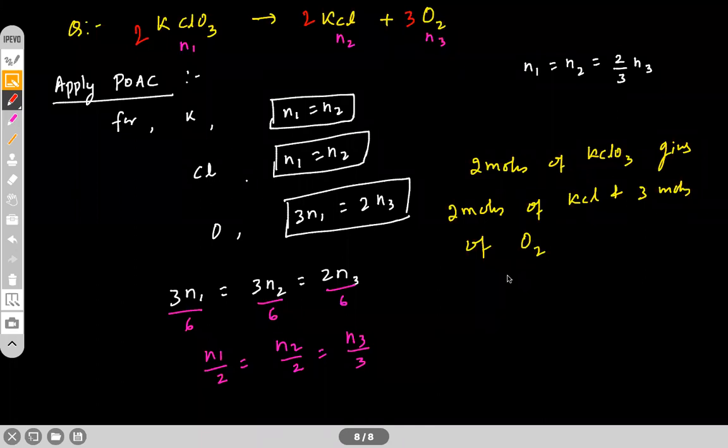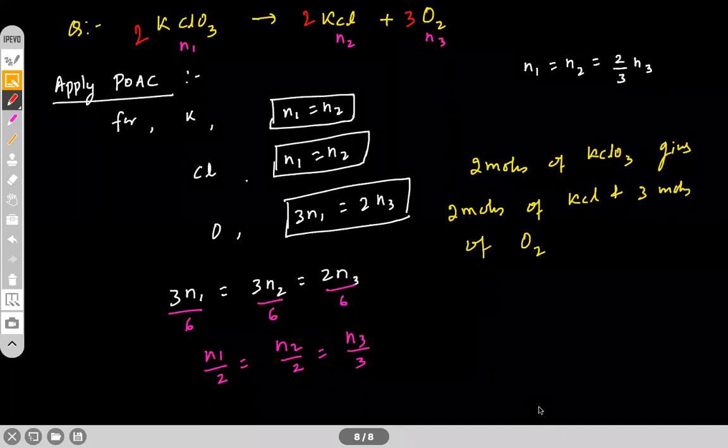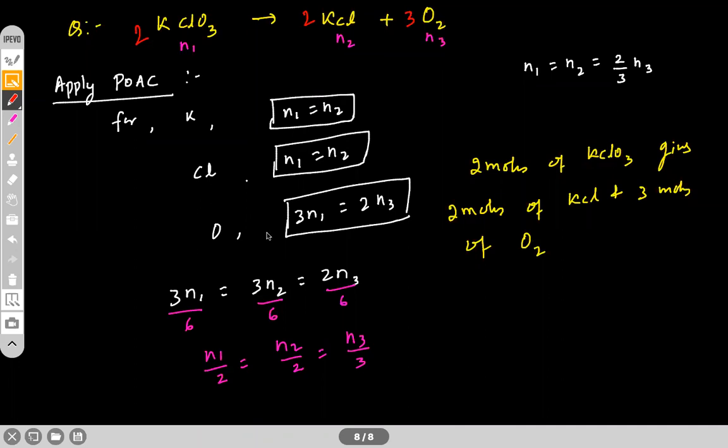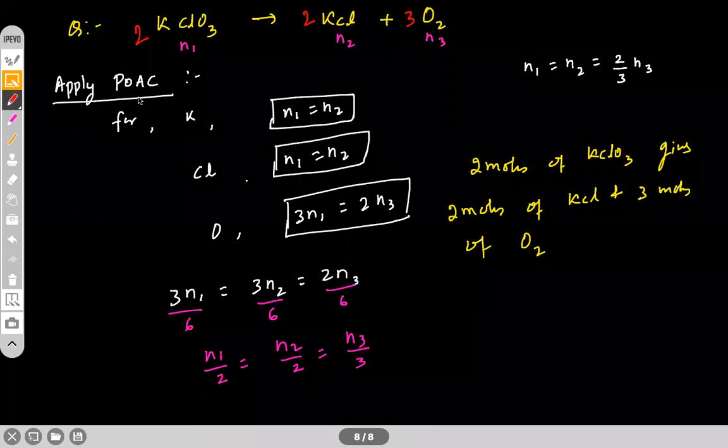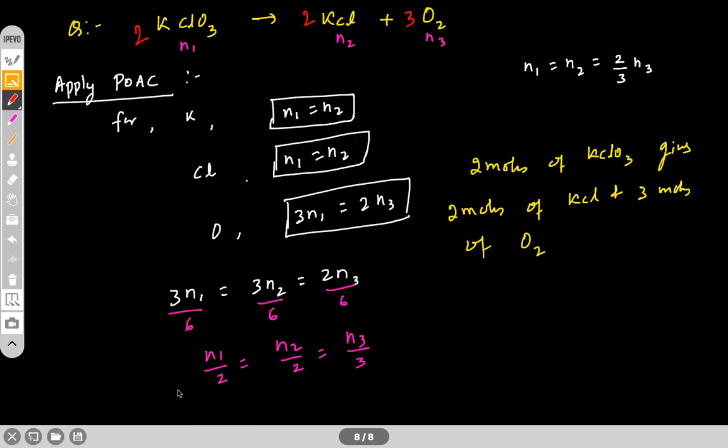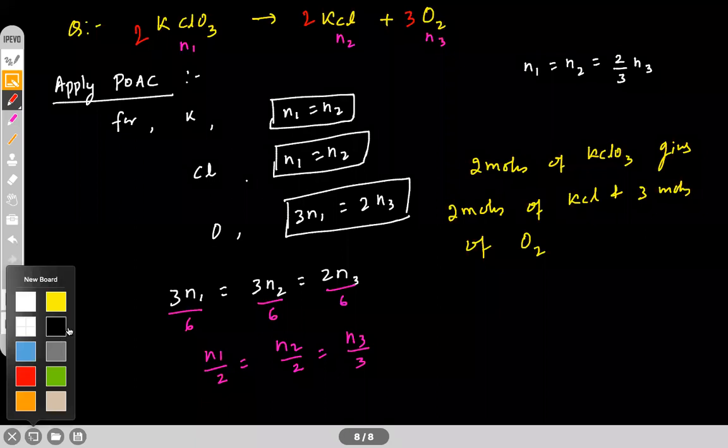Okay. Now you must be thinking that we can easily balance these reactions, and we know how to balance a reaction. Then what is the point of this particular concept? Okay, like I said, sometimes what happens, they won't give you the complete reaction. Like in this case, try solving this question.